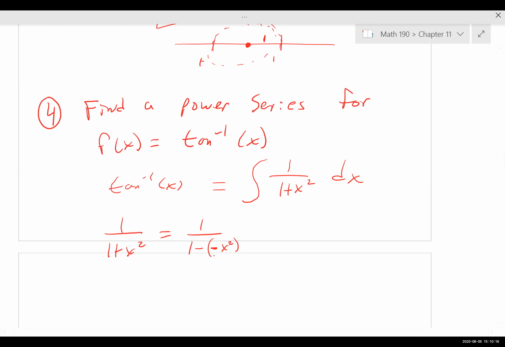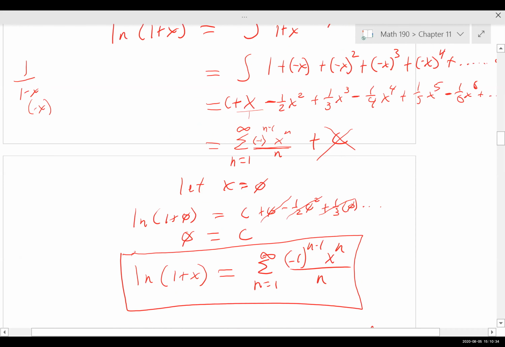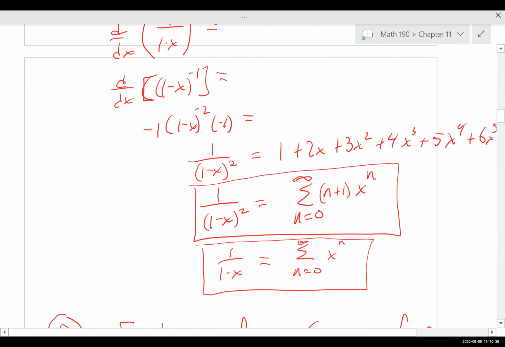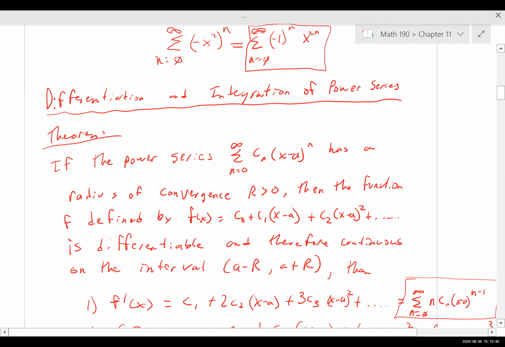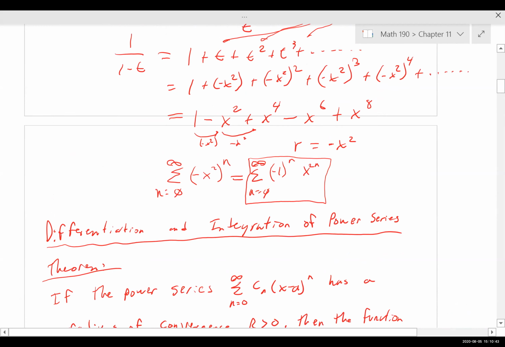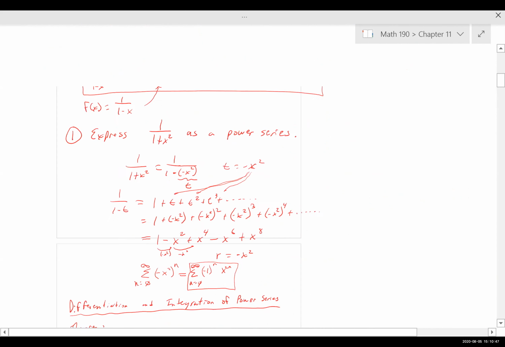So what was the power series for 1 over 1 minus t? But we already did this, didn't we? I'm remembering that we did this back in example 1 or something. Yes, we did. See, we set ourselves up for this.